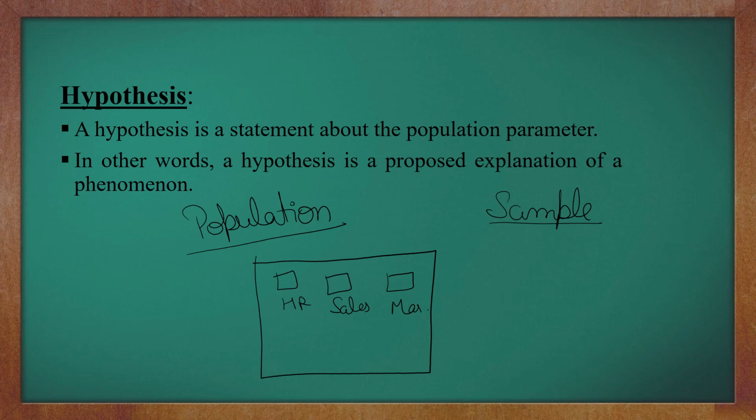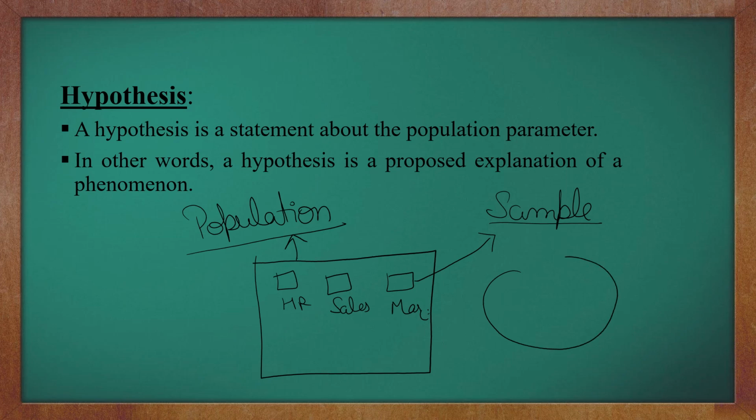If you are talking about the complete company, that complete entire data is called a population. But if you're taking one department like the HR department, sales department, or marketing department, these particular departments are called samples.